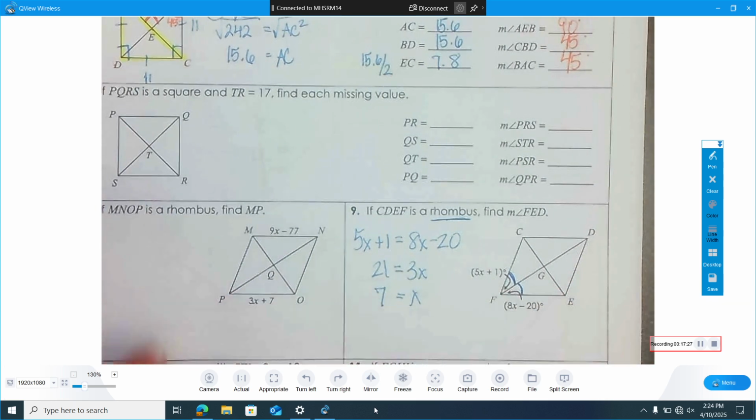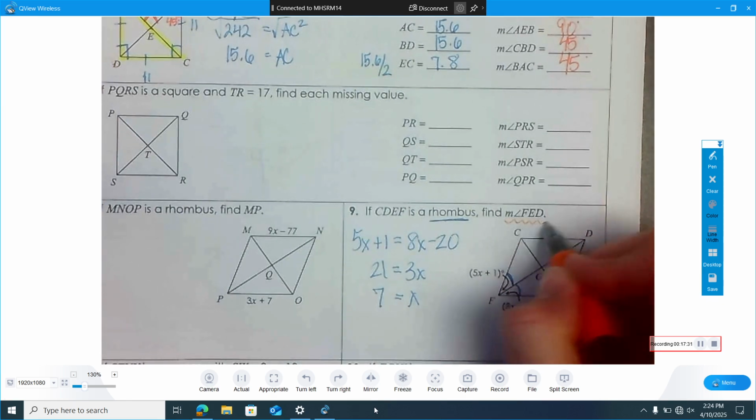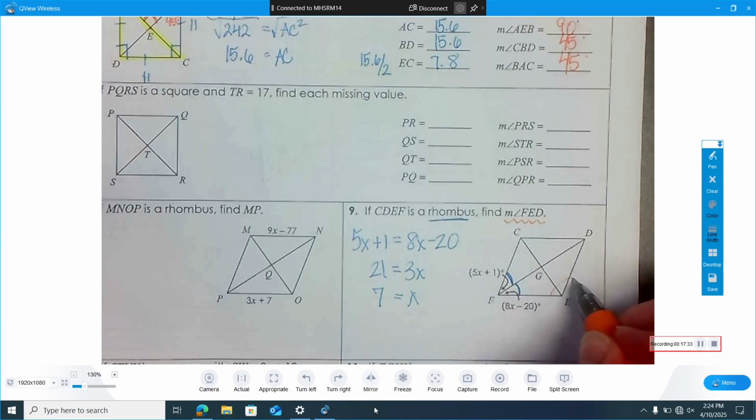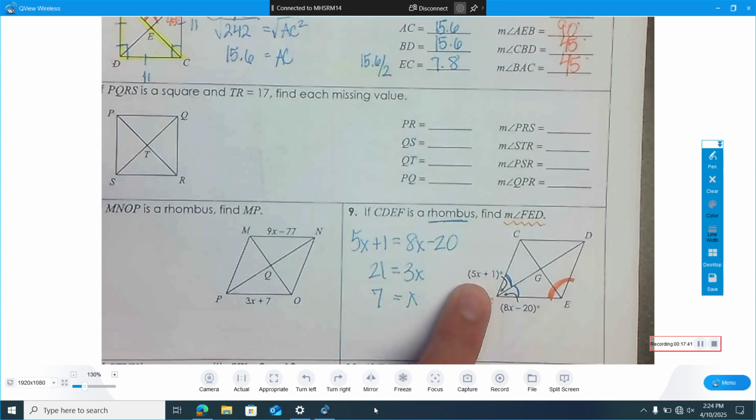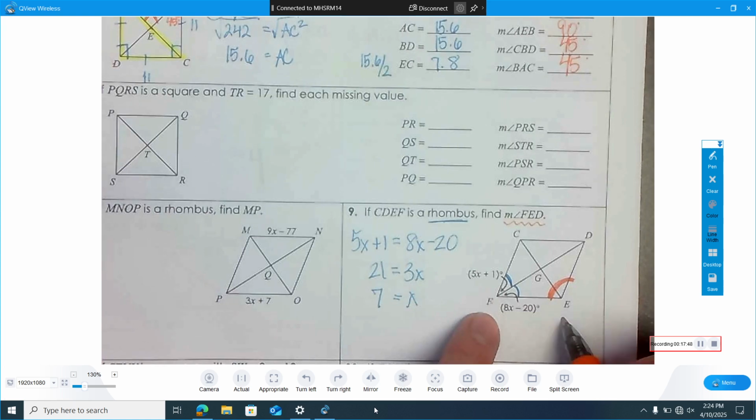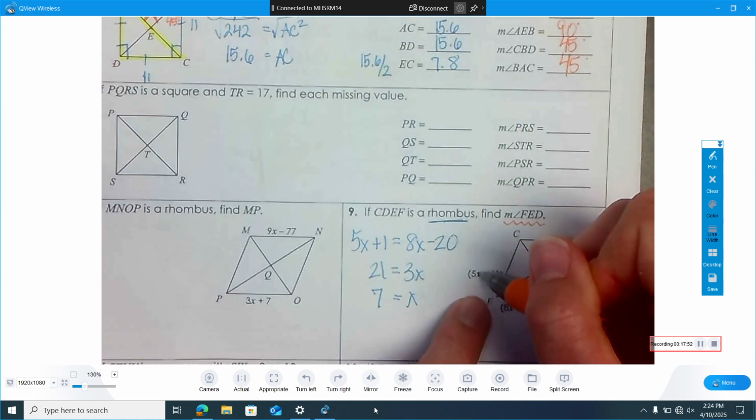Beautiful. Okay, so I solved for x, but my job is to figure out the measure of angle FED, which is this whole angle right here. What do you got? Subtract it from 180 because they're supplementary. These consecutive angles are supplementary. So we can go ahead and plug our x in here.